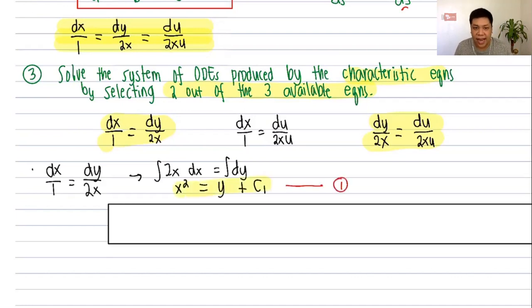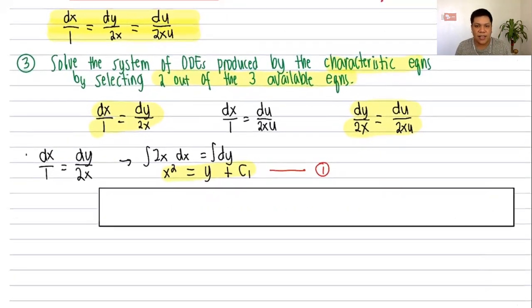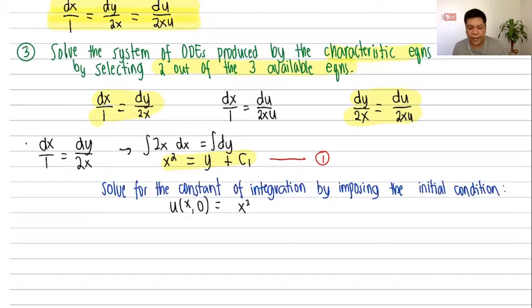And our next task, as always, is to solve for the constant of integration. How? By imposing our initial condition. So our initial condition is u(x, 0) is equal to x squared. Therefore, let me just copy again, but change the variables to avoid confusion.